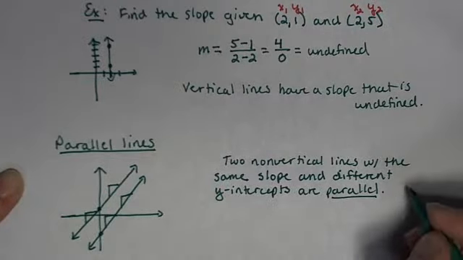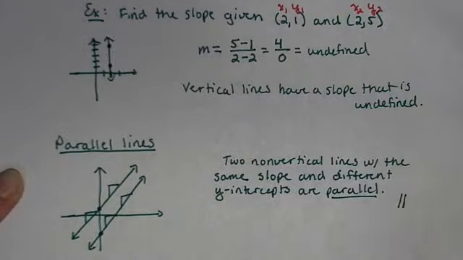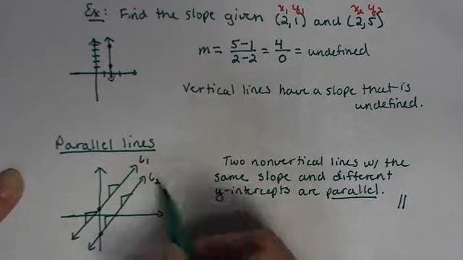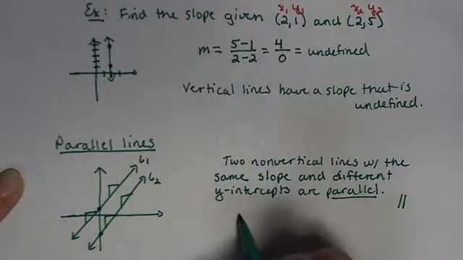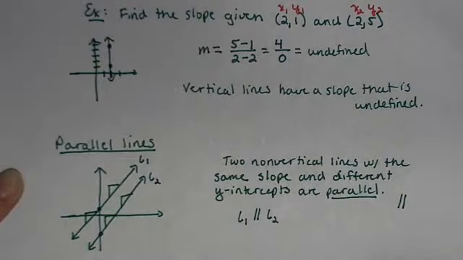Now the symbol we typically use mathematically for this is two little parallel lines. So if I were to say this is line 1 and this is line 2, or L sub 1 and L sub 2, I could say L sub 1 is parallel to L sub 2. That would be the symbolism we would use.